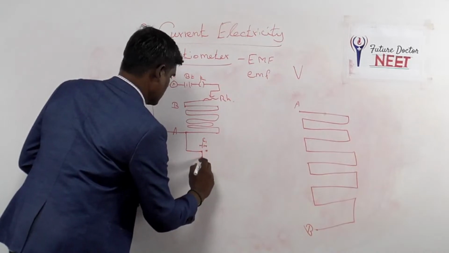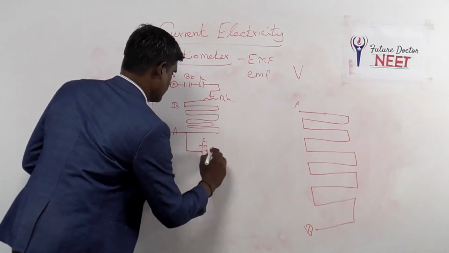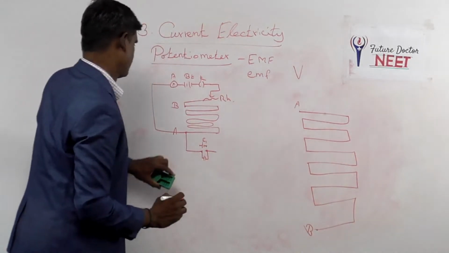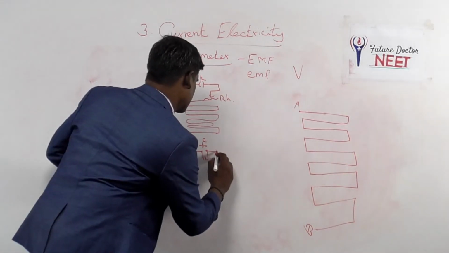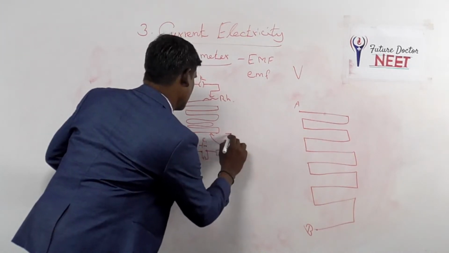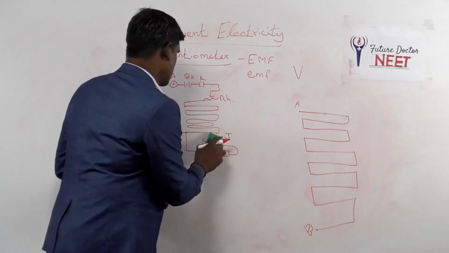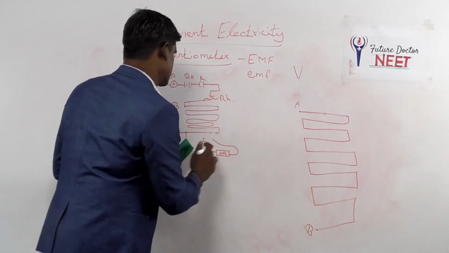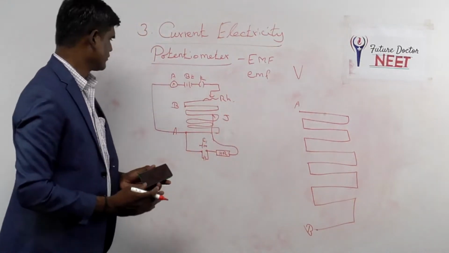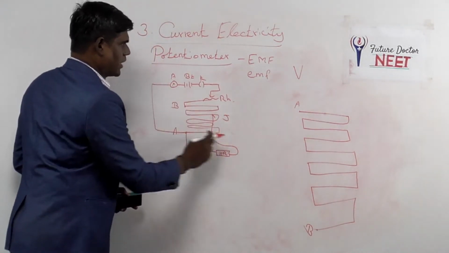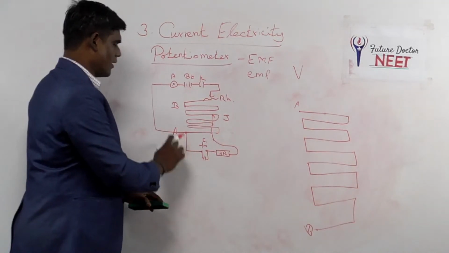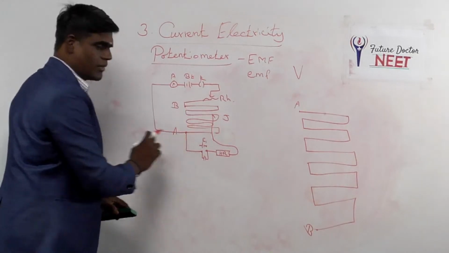E1 one cell, E2 another cell. Then connected to high resistance and then the jockey. The jockey may be connected anywhere in between. A and B ends, it will be a 10-meter wire.